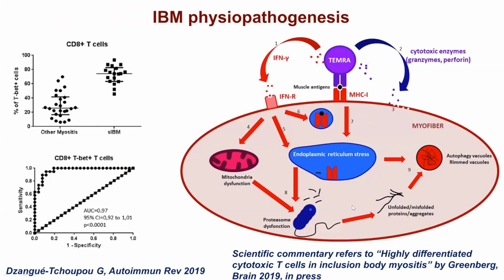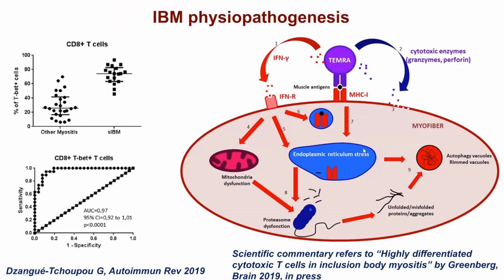And Steve Greenberg also described a marker of these CD8 cells, which is KLRG1, a protein at the surface of these CD8 cells.